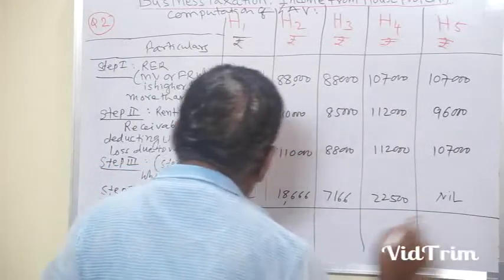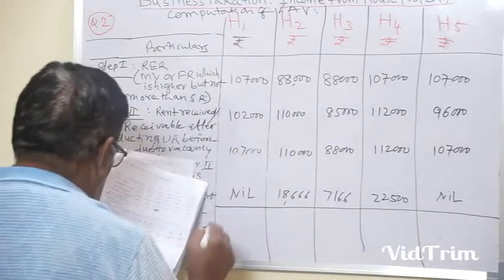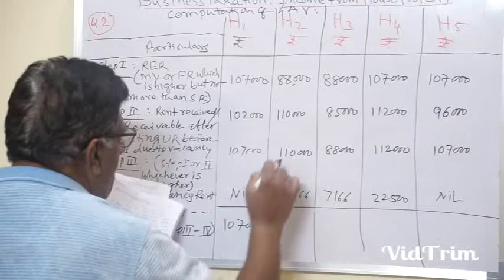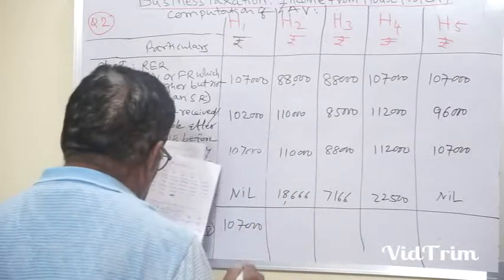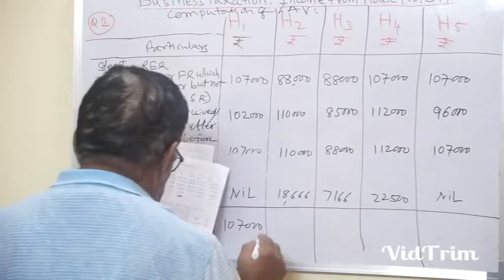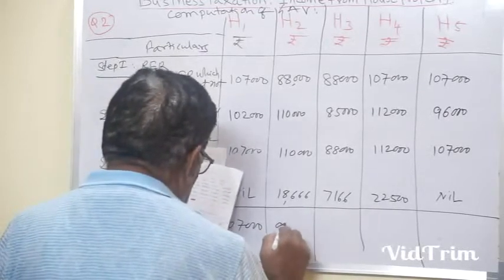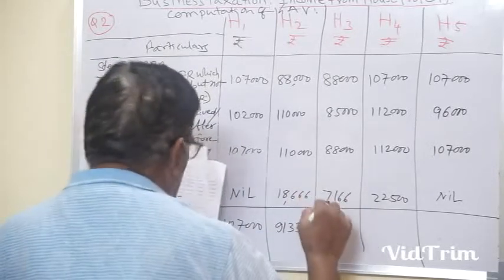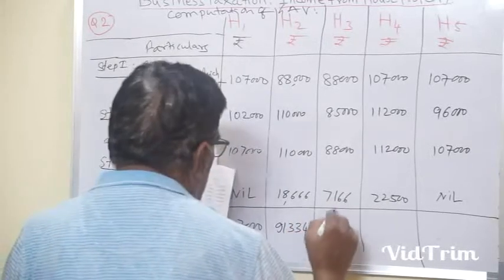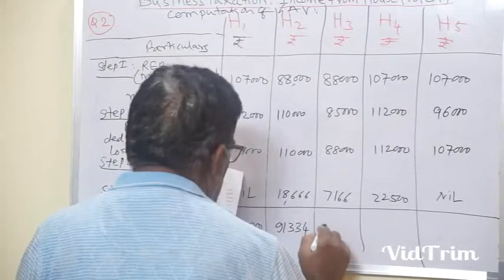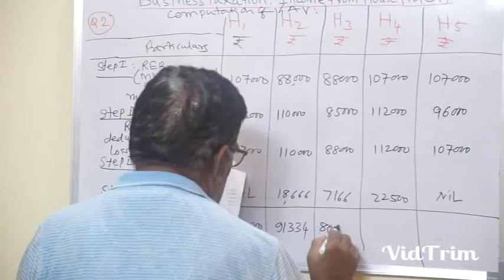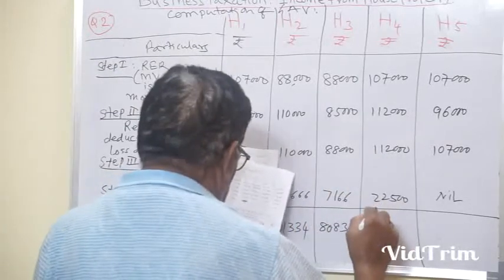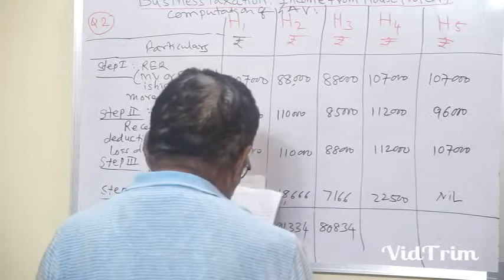So now, friends, 1,07,000 minus nil means 1,07,000 here. 1,10,000 minus 18,666, so it comes to 91,334. 88,000 minus 7,166, so you are getting 80,834. Then 1,12,000 minus 2,000.